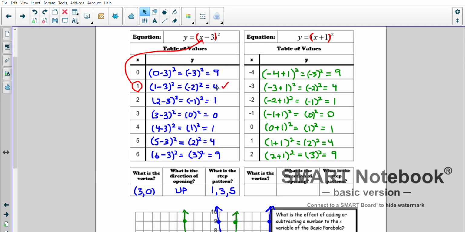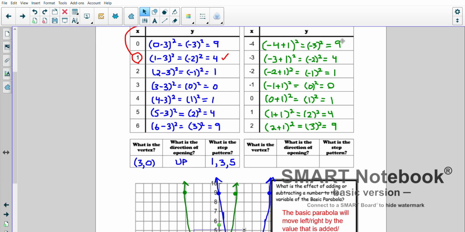So if we look at our next example, which is x plus 1 squared, I know you can already see it down there, but maybe now you could look at this, and if I was teaching this to you live, I'd say, well, make a prediction on what you think this is going to look like. And maybe you'd say, well, this moved to the right 3. Well, maybe following that logic, this might move to the left 1.